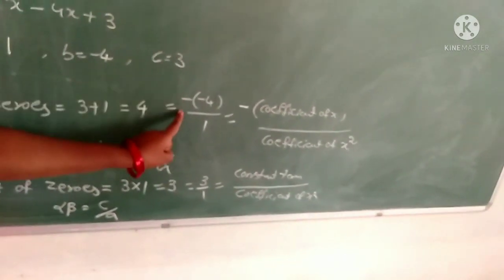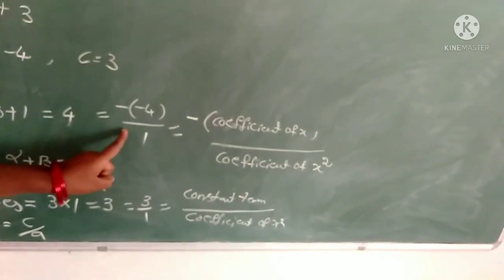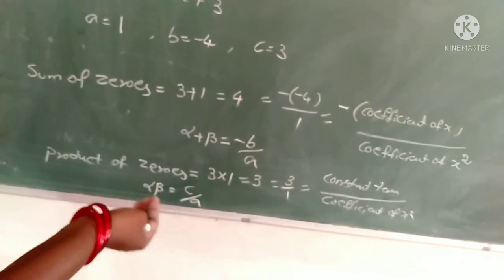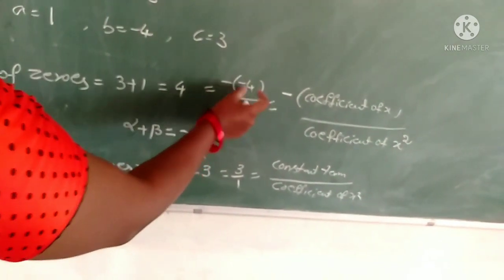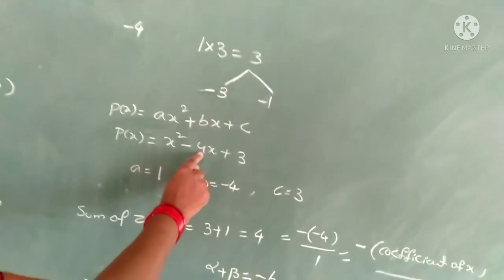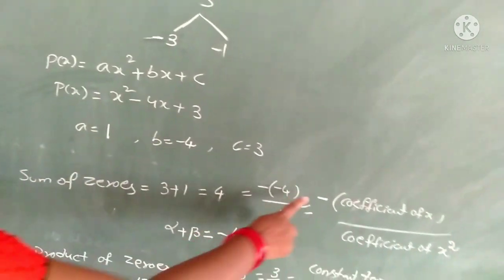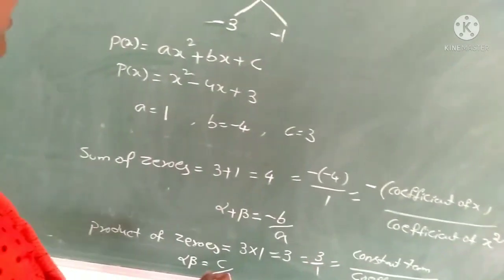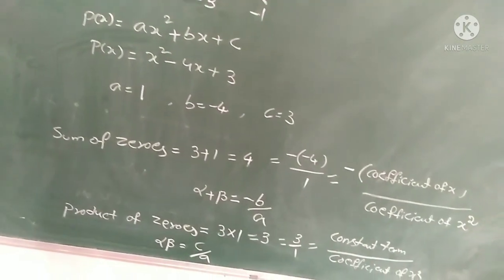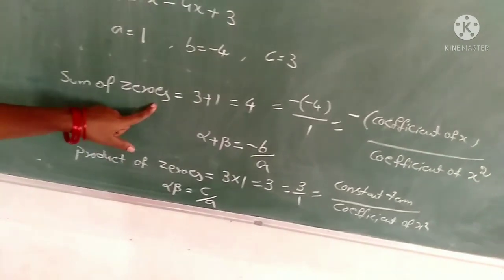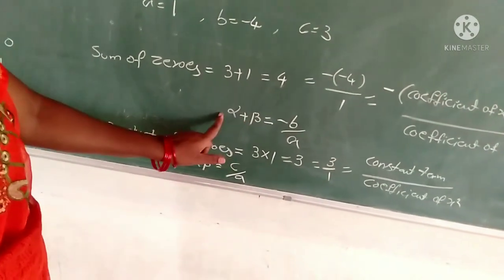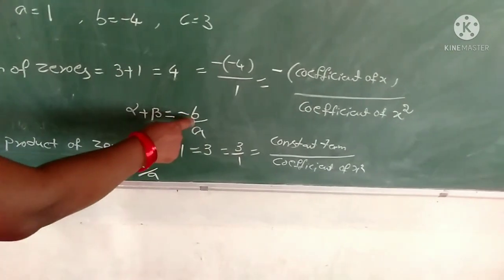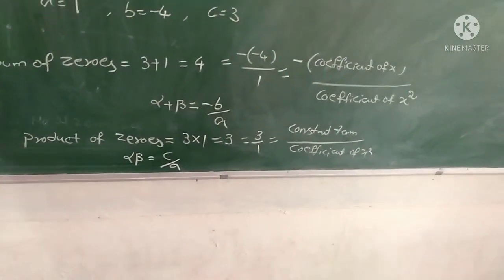Minus of minus 4, simplify this and we get 4. Check the relation: minus 4 is the coefficient of x, so minus coefficient of x by 1, where 1 is the coefficient of x square. Sum of zeros means alpha plus beta equal to minus b by a.